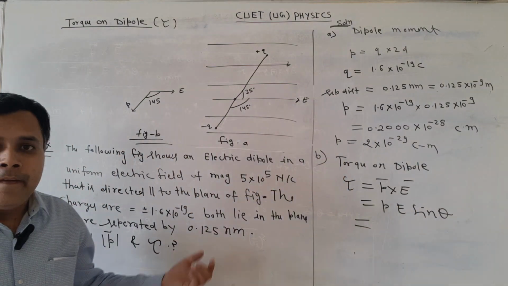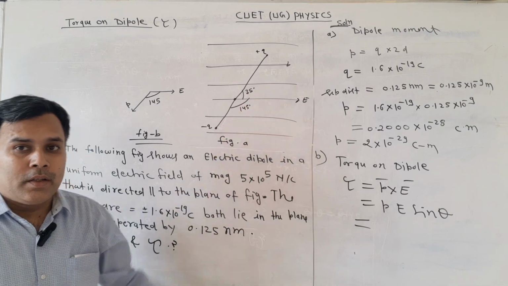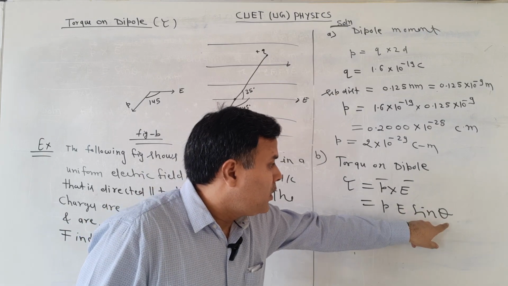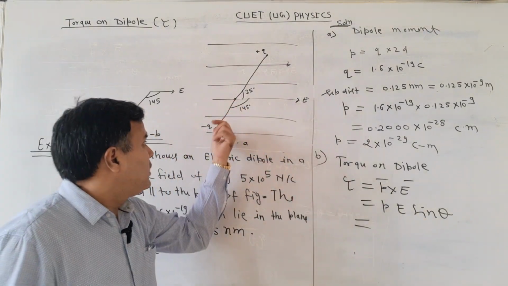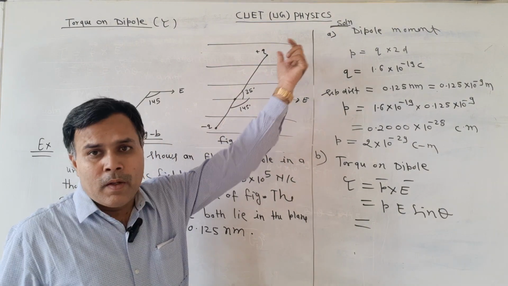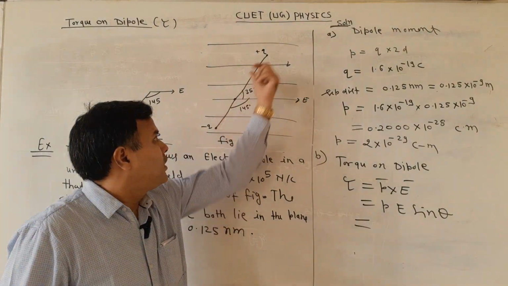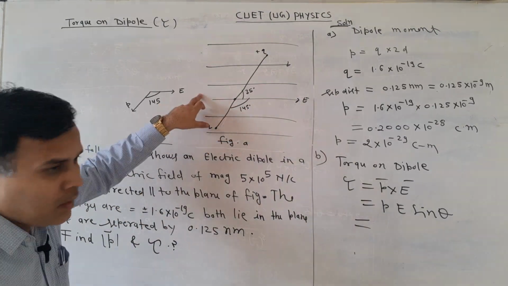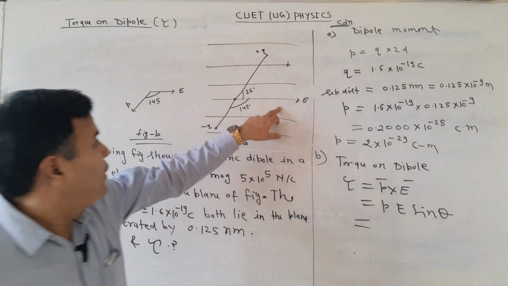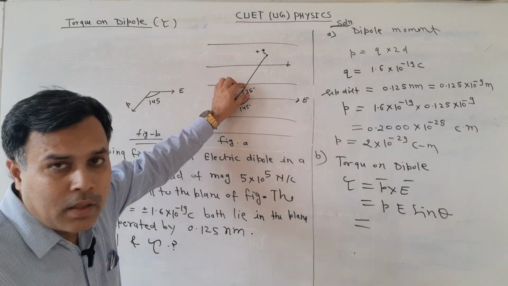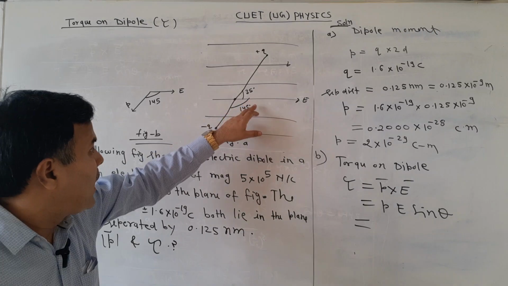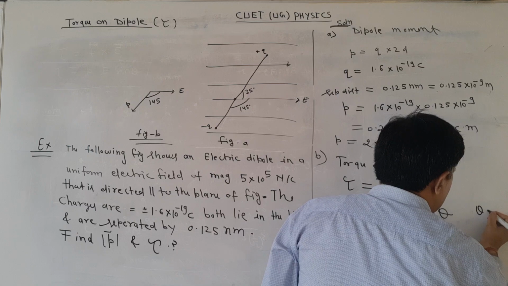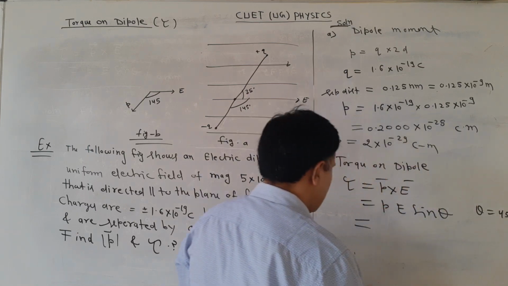This is a very important point: you should keep in mind what theta is in P cross E. This theta is the angle made by the dipole with the field. This is the direction of the dipole, P. So the other angle is not going to participate in our calculation. In this case our theta is 45.